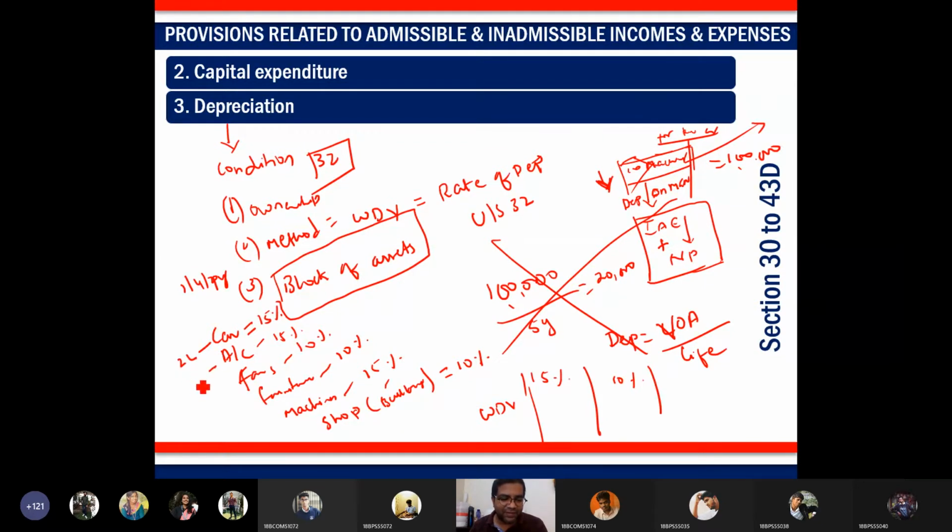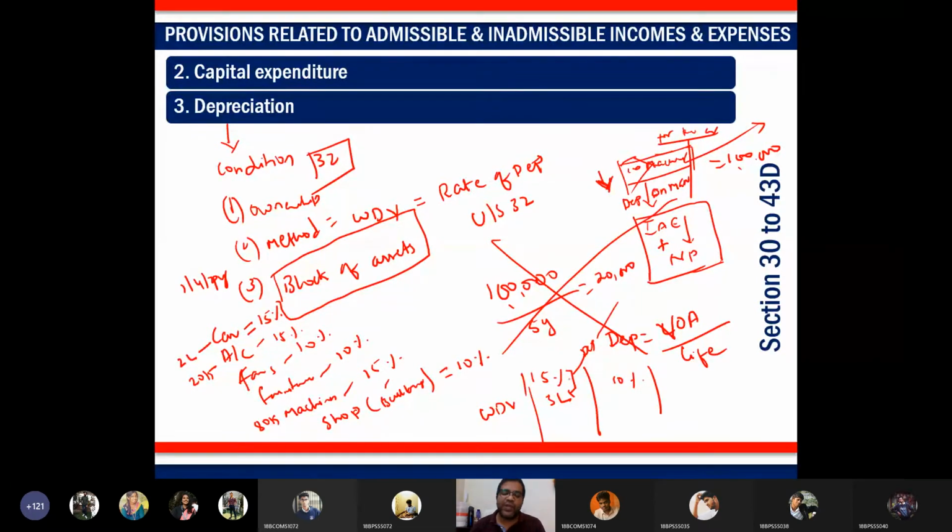The value of AC is only 20,000, right? The value of machine is 80,000. So 2 lakhs plus 80,000 plus 20,000, 3 lakhs. So the WDV of the block will be 3 lakhs. On this 3 lakhs, I will charge 15%, and whatever the amount of depreciation is, I will record it in the profit and loss account.